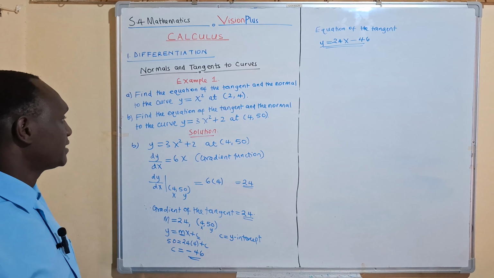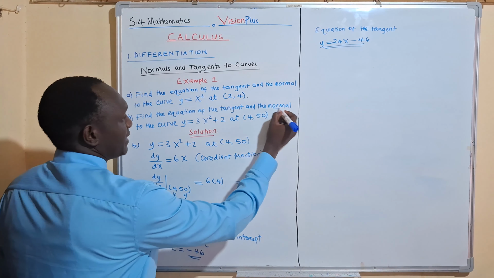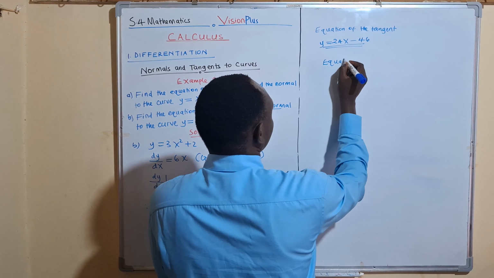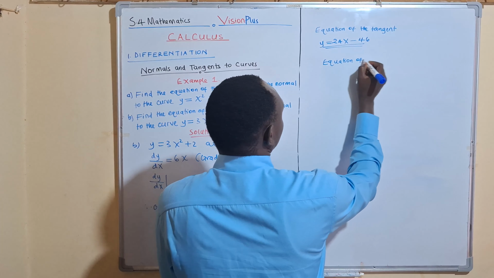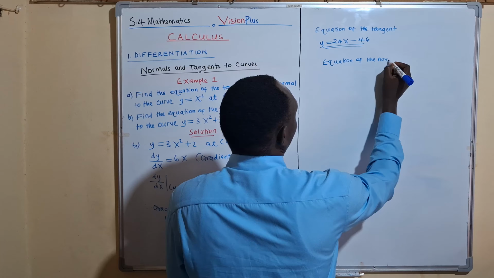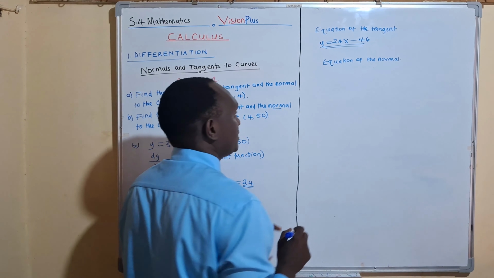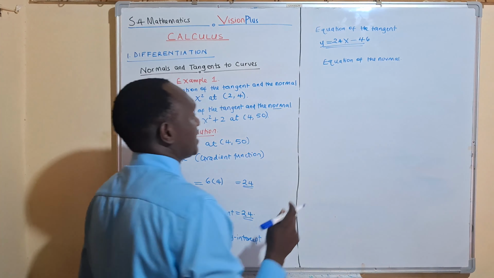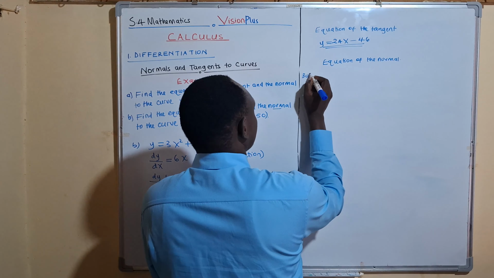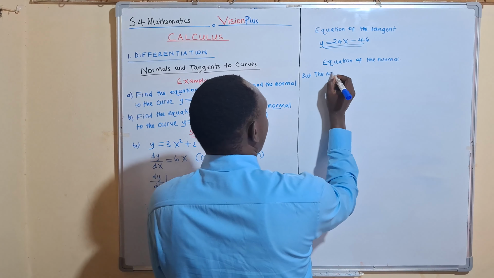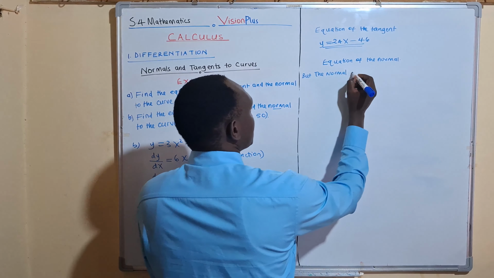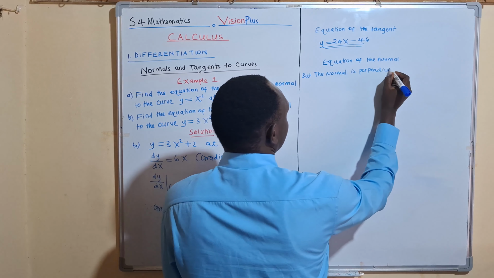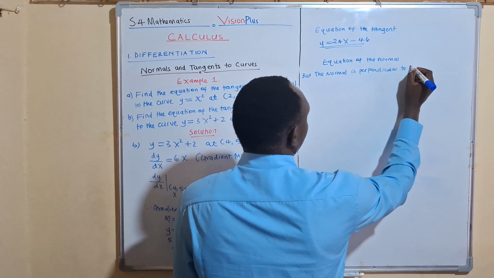Now, after getting the equation of the tangent, we need to also find the equation of the normal. So, the equation of the normal. What do we know already? We know that the normal is perpendicular to the tangent at the point of tangency.